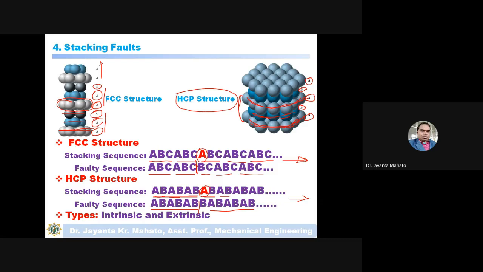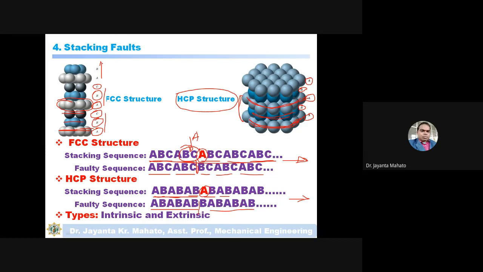But if you add another plane, like this is the regular sequence in case of the FCC structure, and if we have another A type of plane added, then what happens? Here the sequence will break. This is actually a faulty sequence.